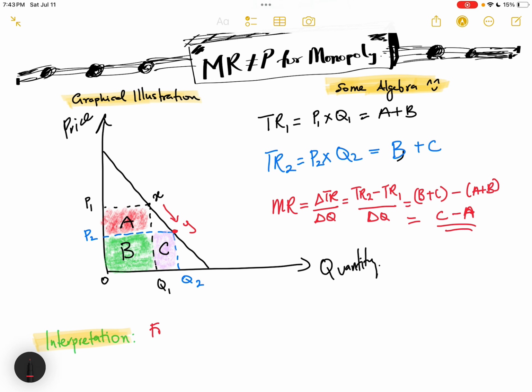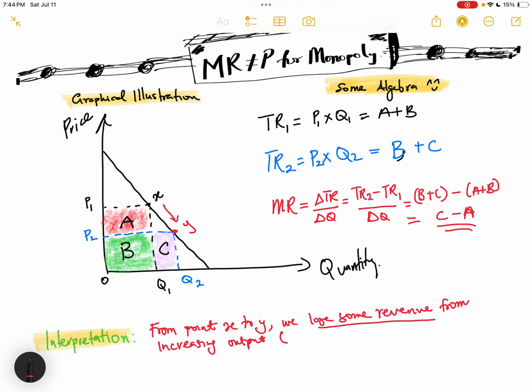So from point X to Y, we lose some revenue from increasing output. And the revenue we lose, that is area A.